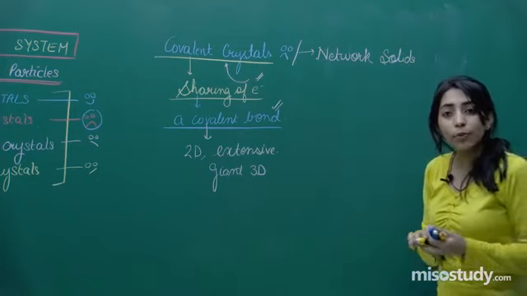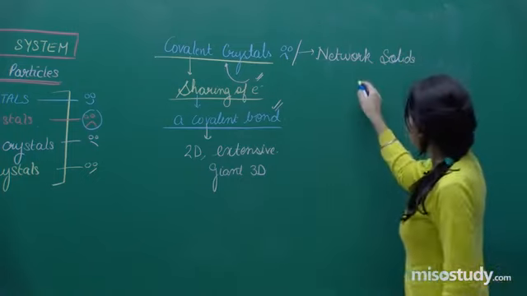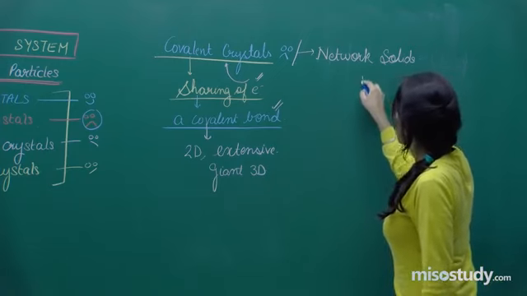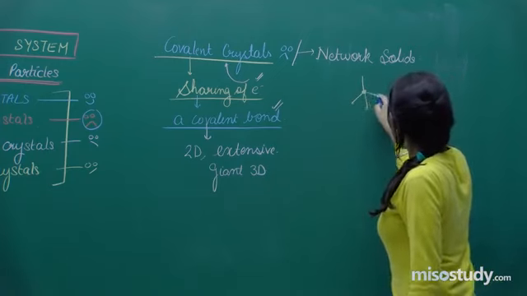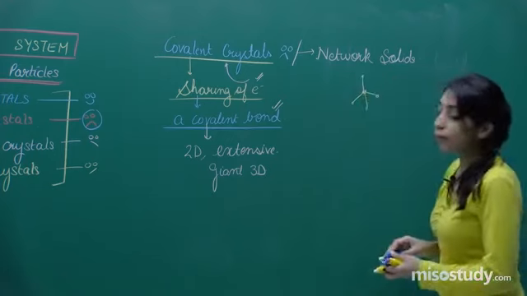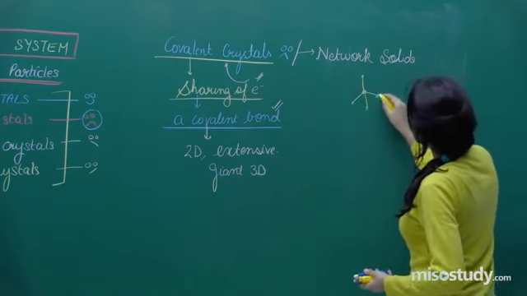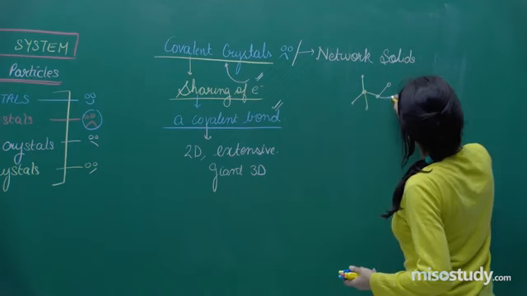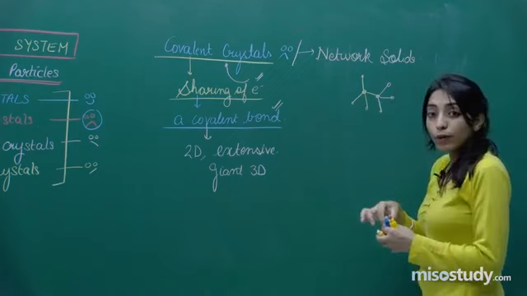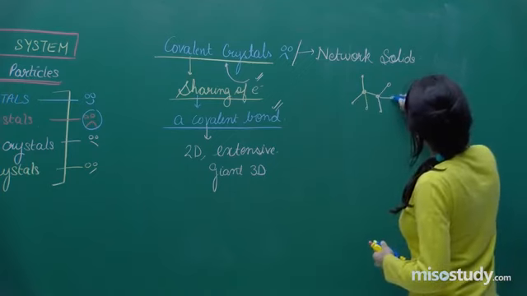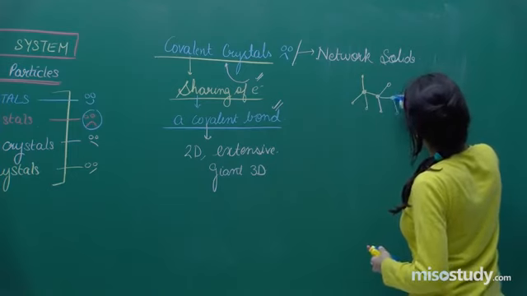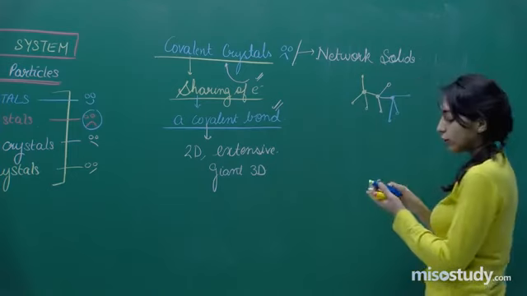And another example is diamond. In the case of diamond, one carbon atom is attached to four other carbon atoms, right? This carbon atom can further be attached to four others. Moving on to any other one, this can be further attached to 1, 2, 3, and 4 is already there.